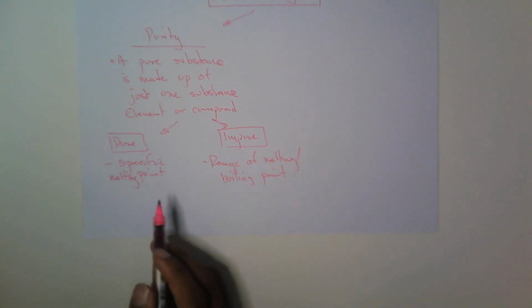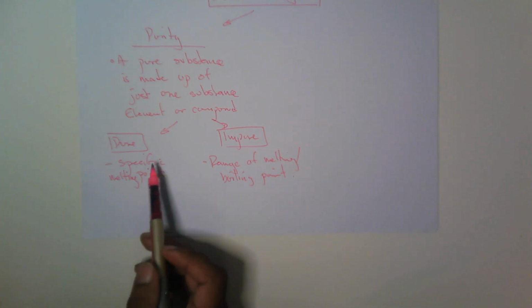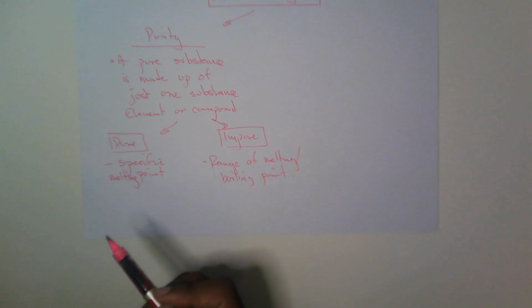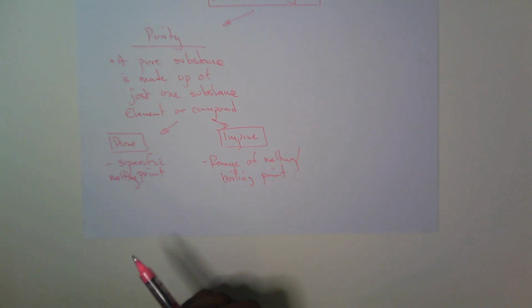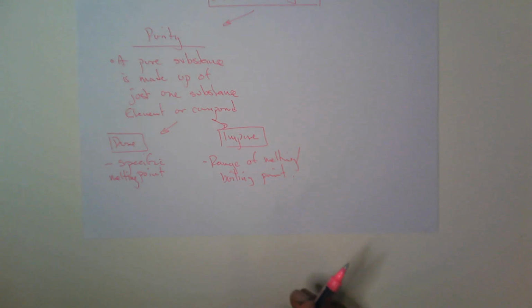Now, what you need to just be aware of is that the bigger the range, the more impure the substance is. If you've got a very specific melting or boiling point, then that means the substance is relatively pure. Just one more thing, which isn't always that obvious.